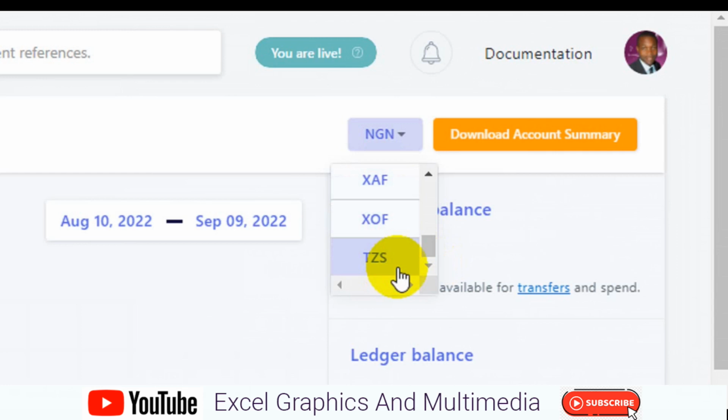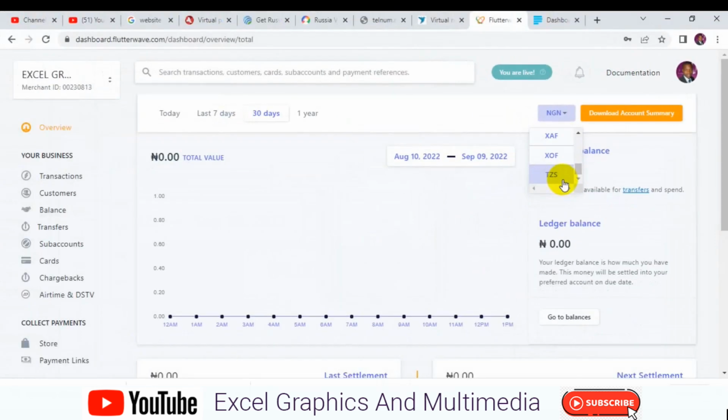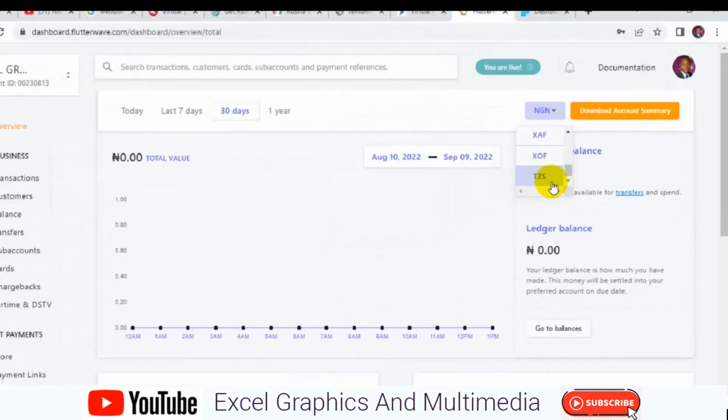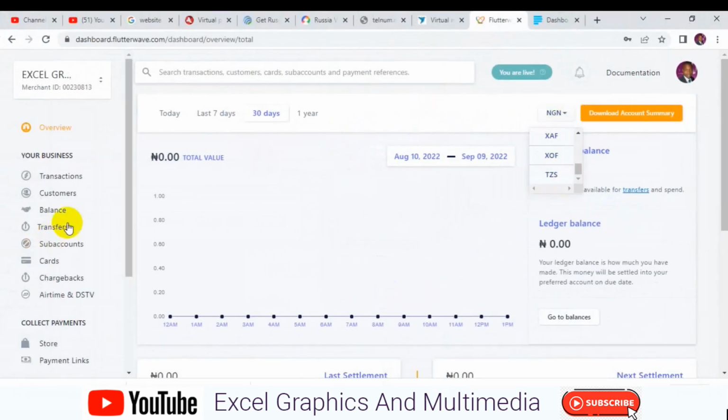But one thing about FlutterWave is that each time you receive payment from these countries, whether you receive USD, Ghana cedis or Kenya Shillings, they don't pay you based on the currency you receive. That is for the settlement. I have received funds through this platform for about 4 to 5 years.